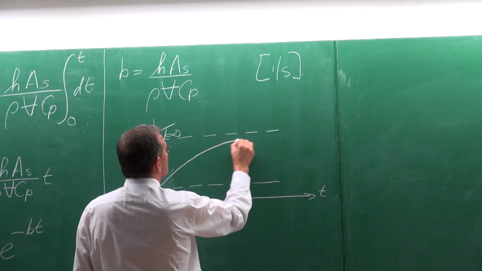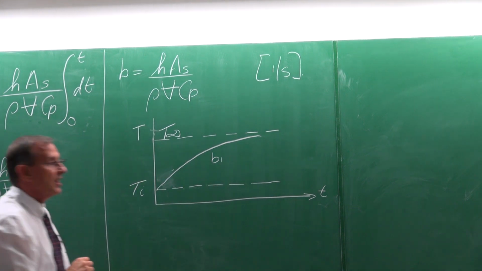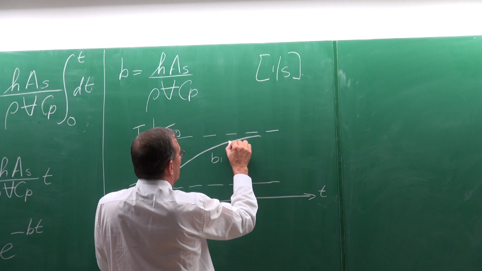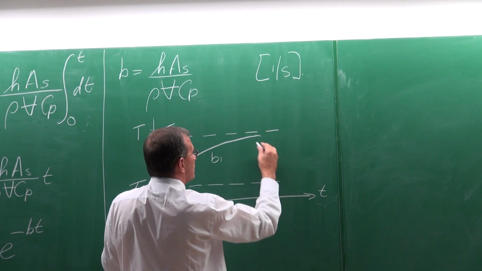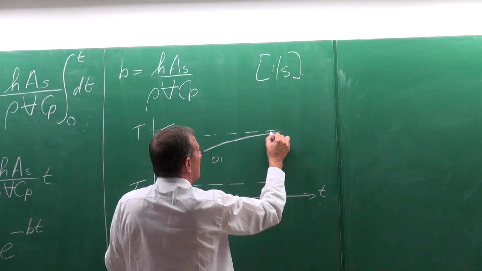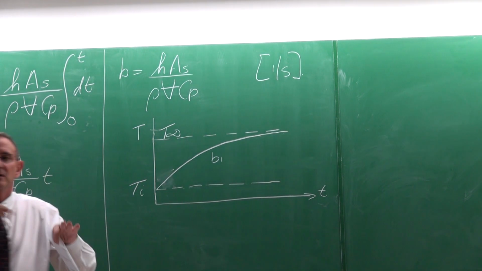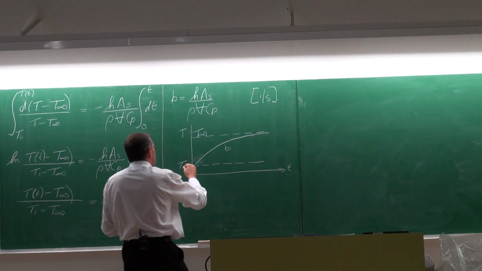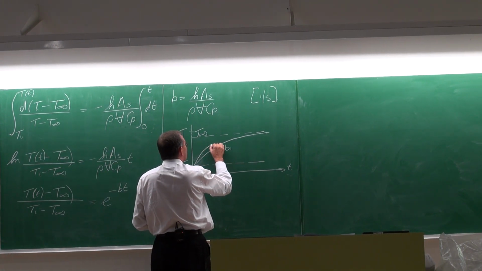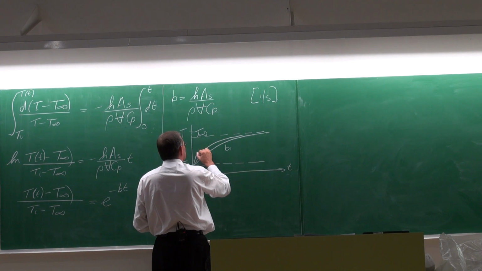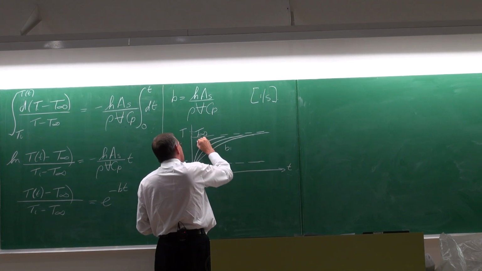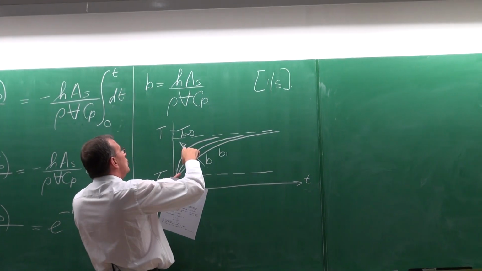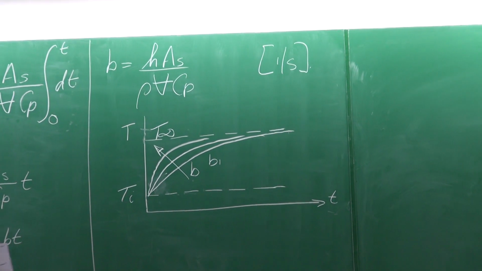That is the solution for a specific value B1. So the temperature is going to do something like that, and as the time goes larger and larger, it will tend towards the temperature on the outside. If we make B larger, then it's going to do something like that and something like that. So it means that as B increases, the solution goes quicker to T infinite.